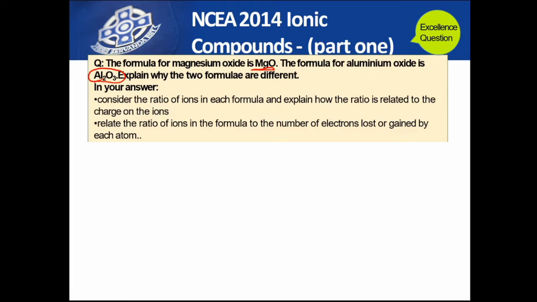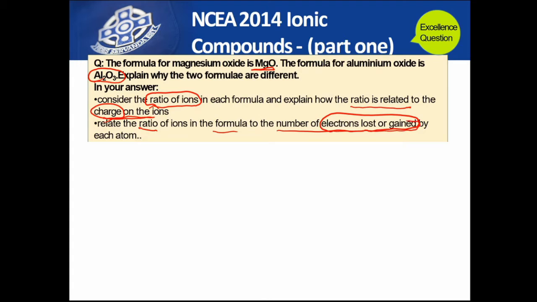In your answer, consider the ratio of ions in each of the formula and explain how the ratio is related to the charge on the ions. Relate the ratio of the ions in the formula to the number of electrons lost or gained, because the electrons lost and gained is going to give us our charge, is it not?